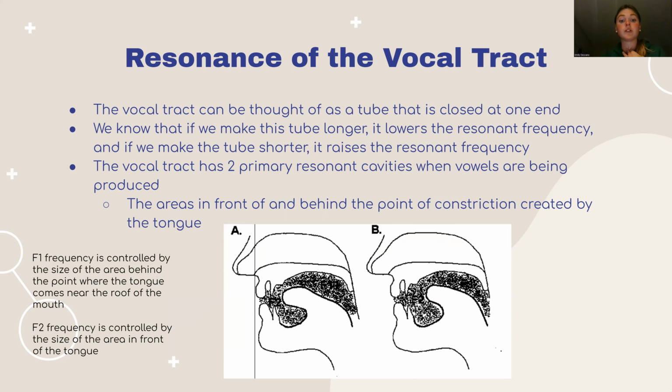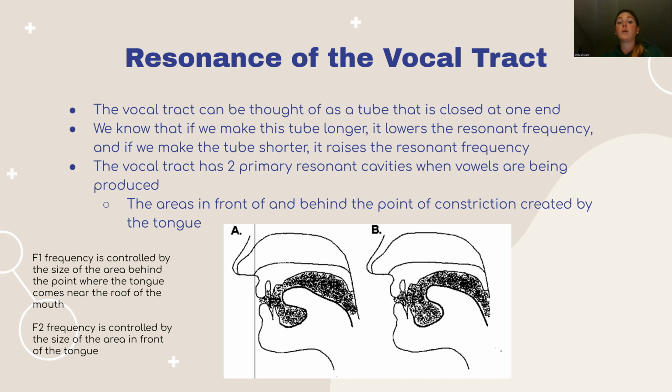When you constrict and close your vocal cords, it creates that closed end of the tube, and the rest of your vocal tract becomes the rest of that tube. If you make that tube longer, it lowers the resonant frequency. Lower pitched sounds will resonate with more intensity in a longer tube. And if you make that tube shorter, it raises the resonant frequency.